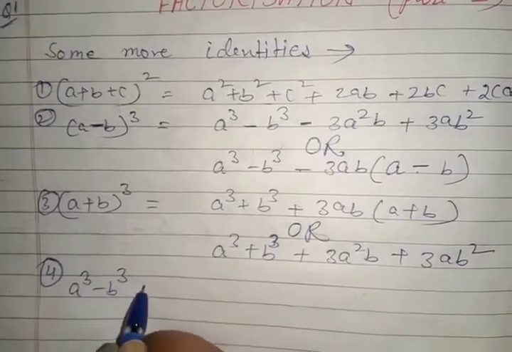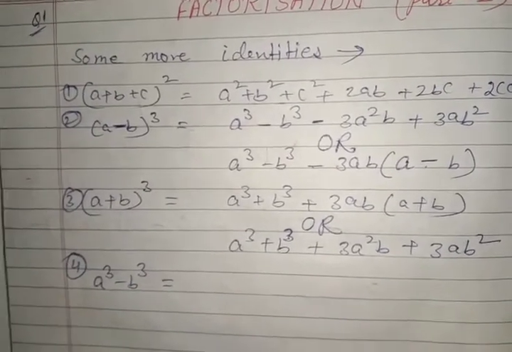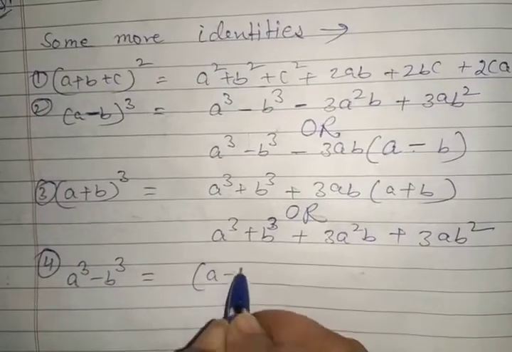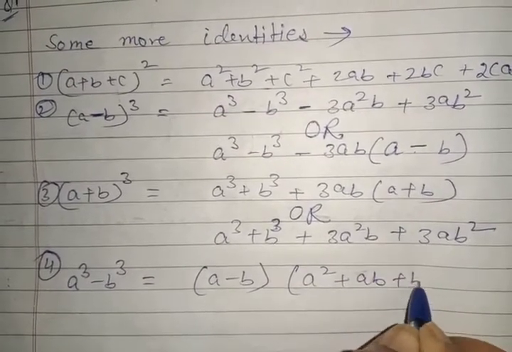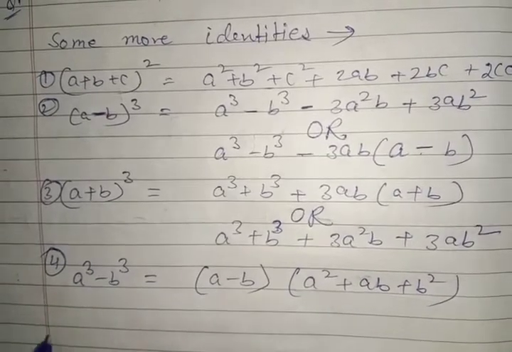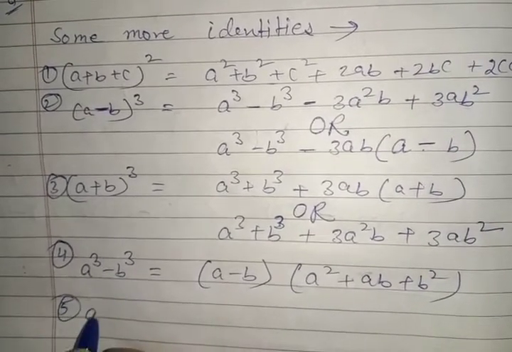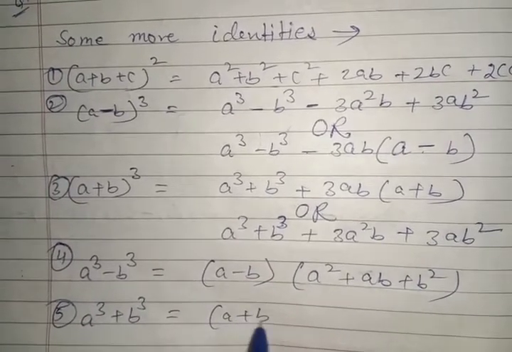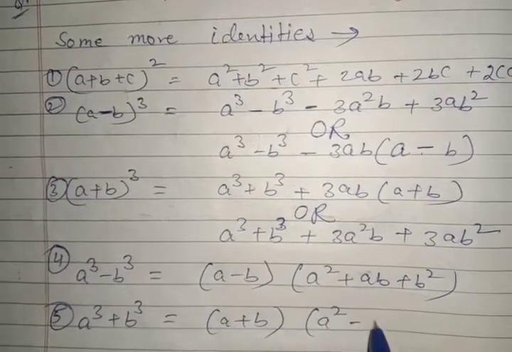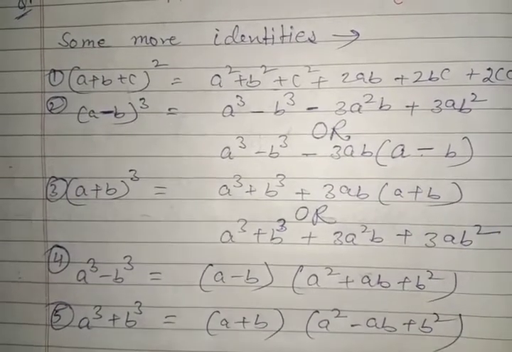Now another identity, which is a³ - b³. a³ - b³ gives us two brackets: (a - b) and (a² + ab + b²). When we use them, I will explain all the identities side by side. a³ + b³ is (a + b)(a² - ab + b²).